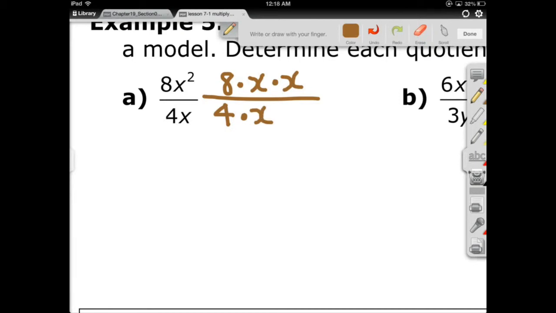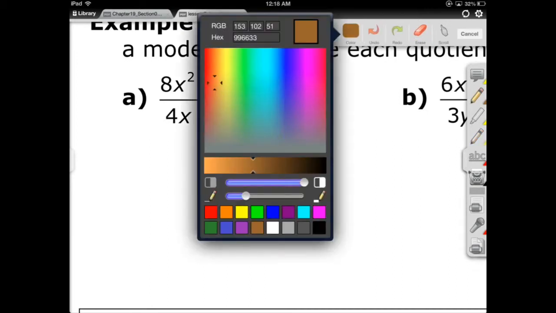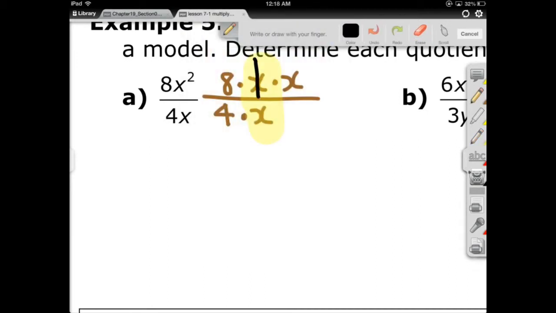Now, what if you look for things that could cancel out, things that have factors of each other, greatest common factors of each other? First thing that should strike you is that there is an x over an x. Well, that's going to cancel out. That's like saying 6 over 6. Okay, 6 divided by 6 is 1. So you take out the old pen of doom and you say, that cancels.